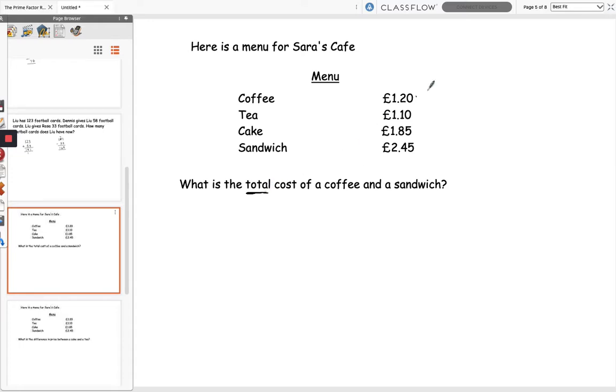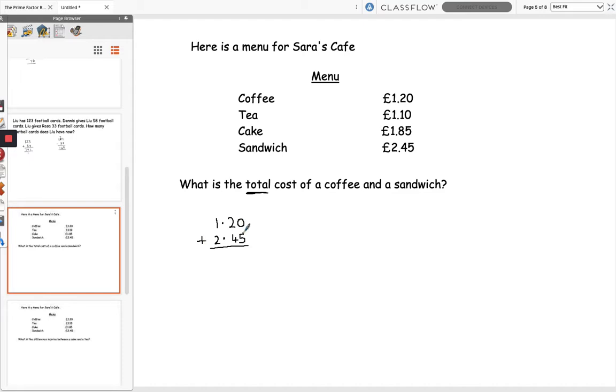So having a look at my menu, a coffee costs £1.20. And a sandwich costs £2.45. If you struggle with where to put the numbers before and after the decimal point, line the decimal points up first, and then the numbers will automatically line themselves up. So we're going to add these together.